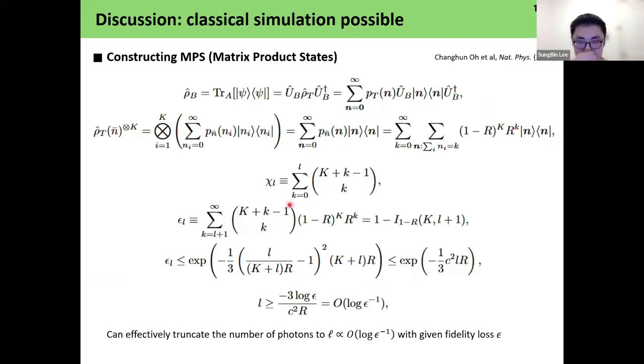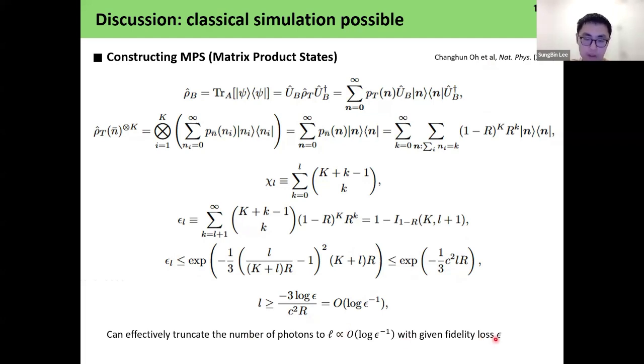Professor Chang computed the upper bound of the error, and they get the upper bound given as exponential minus 1/3 c squared L r, where L is the number of truncated photons, with fidelity loss epsilon.